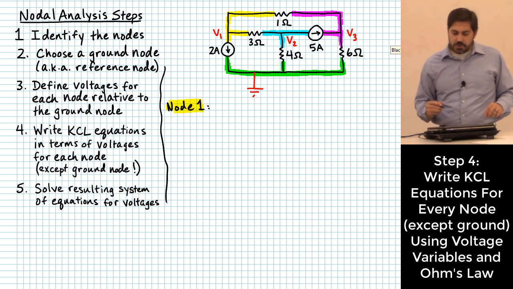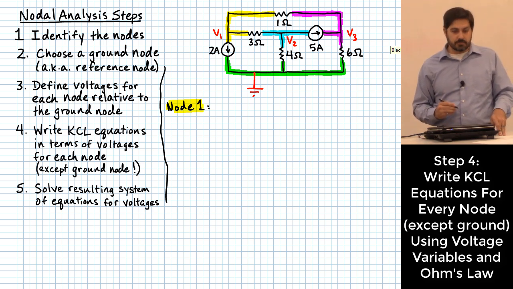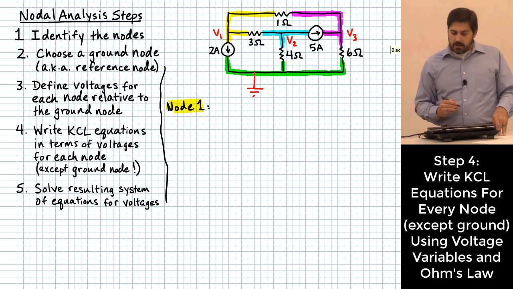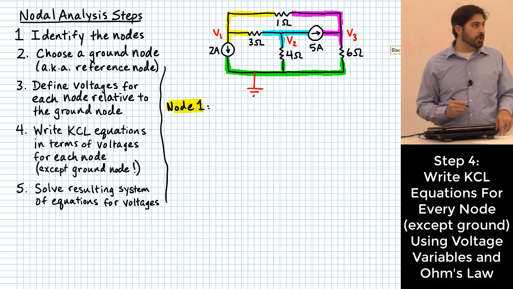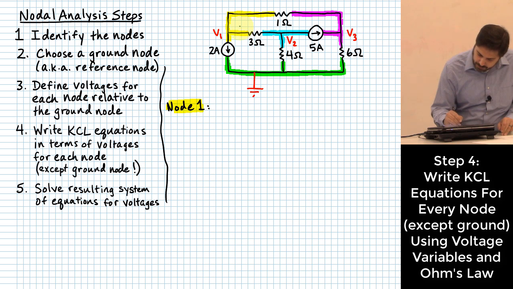What would Kirchhoff's current law equation look like for that yellow node? Let me ask you this: how much current would flow from the yellow node to the blue node?